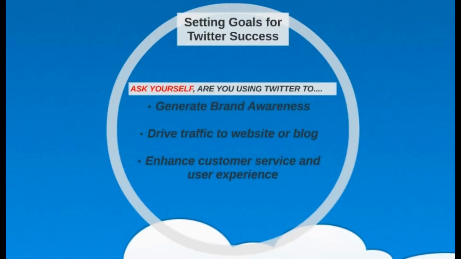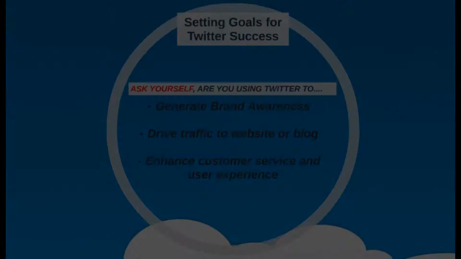Ask yourself, are you using Twitter for brand awareness or reach? Are you looking to generate more traffic to your website or blog? Maybe you're using Twitter to serve as an additional outlet for customer service inquiries. Chances are you might have more than one goal, and that's good. But remember, your goals will affect how you plan your content moving forward.